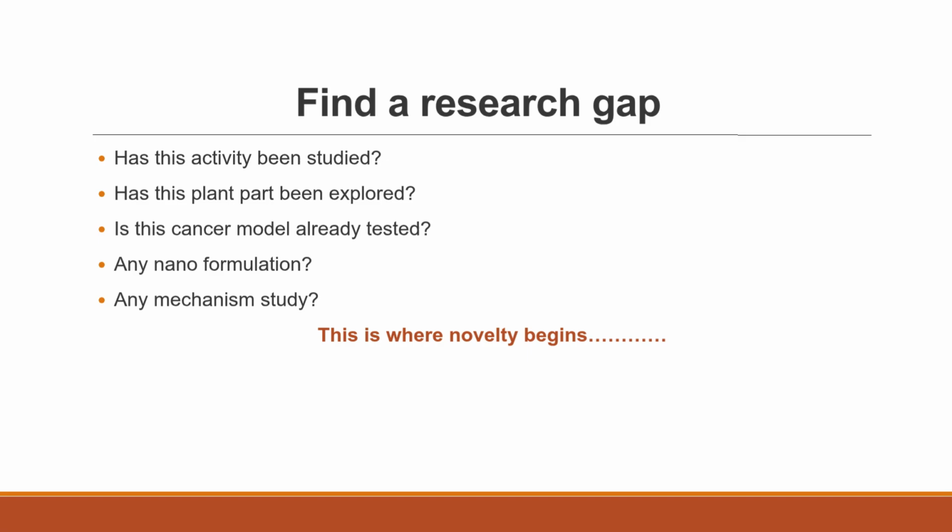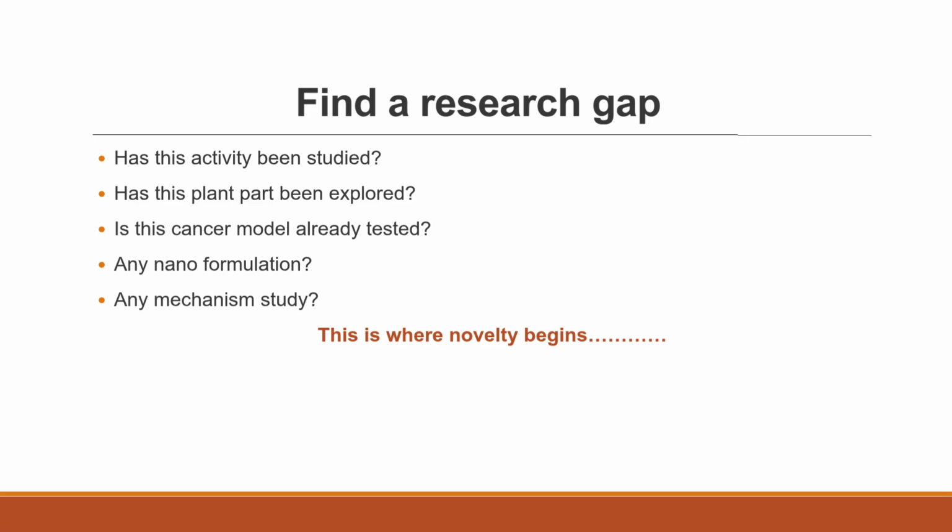You need to find out which plant parts have already been studied, which biological activities are already reported, which phytochemicals are already identified, whether there are any unexplored mechanisms of action, and whether advanced scientific studies like molecular docking and nanoformulation are missing. Even missing clinical validation you can find from the existing databases.